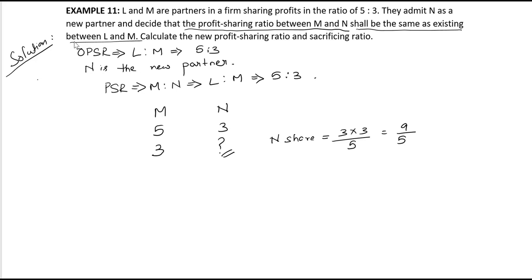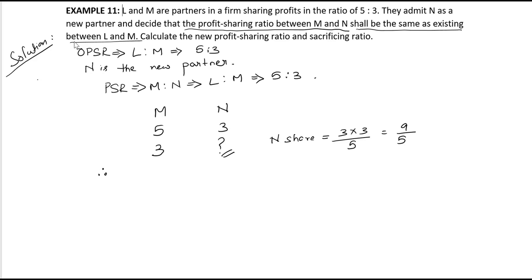I'll repeat, we can use the unitary method to find out N's share. We will begin by saying if M was 5, N has to be 3 based on the information given in the question. However, the actual value of M is 3, then N's share should be 3 into 3 divided by 5, or in other words 9 divided by 5.